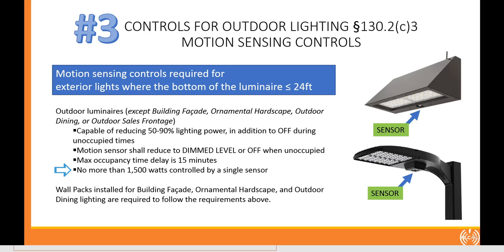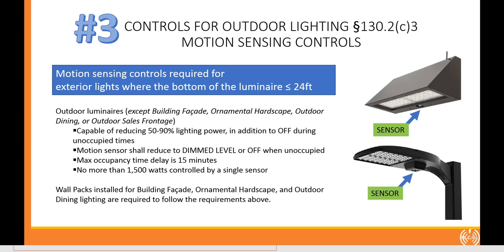So what makes sense would be having lights that have the integrated motion sensors already in them, because that's a lot easier than running low voltage wires to do the dimming from your externally mounted sensors. So this slide right here does show you a couple of lighting fixtures that have the integrated motion sensors in them already.